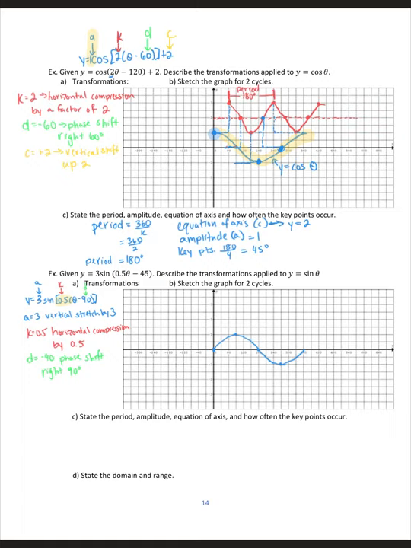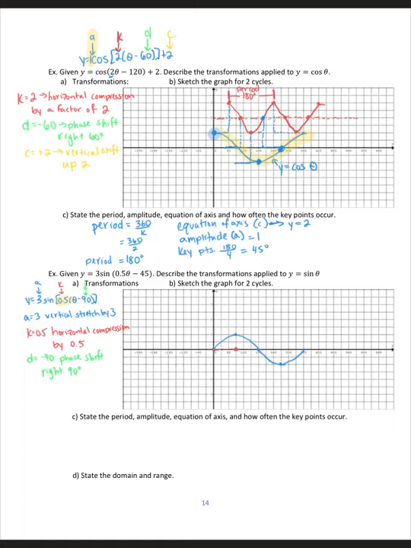So my first point here at 0, 0, I need to vertically stretch that by 3. So it's at 0, so that doesn't change it. And then it needs to be horizontally compressed. Again, not going to change it because we're at 0, but it does need to shift to the right 90 degrees as well. So that's where that point's going to go. My next point is at 90 and 1. So I need to vertically stretch that by 3. So if I multiply that by 3, that's going to bring me up to 3.